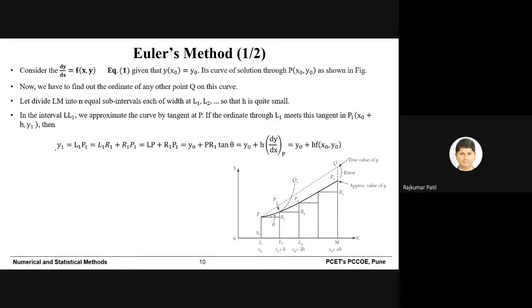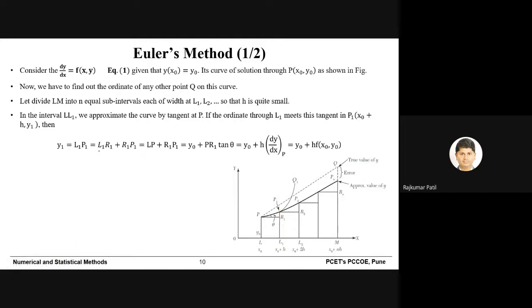So y1 is equal to L1P1. In the figure you can see L1P1 will give you the length y1, or the y coordinate of point P1. This particular line L1P1 can be rewritten as L1R1 plus R1P1.